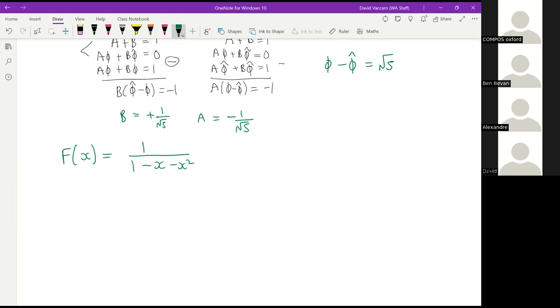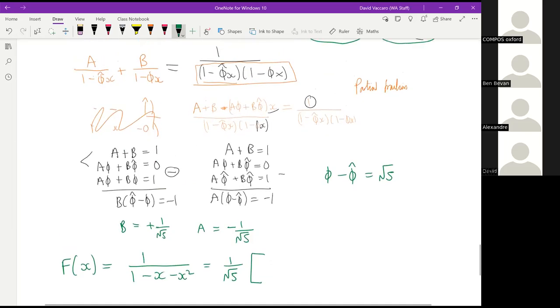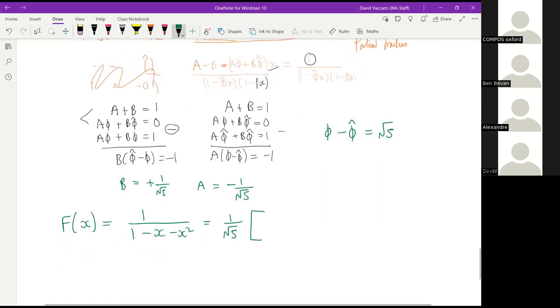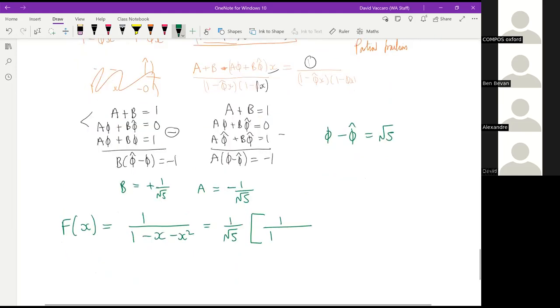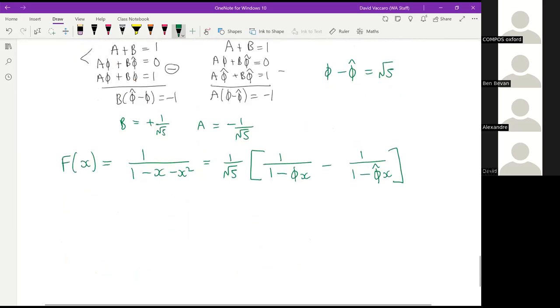I then have, by factorizing this quadratic and splitting it into two partial fractions, rewritten it as this.